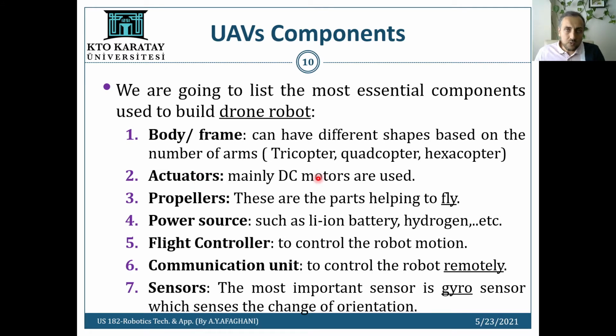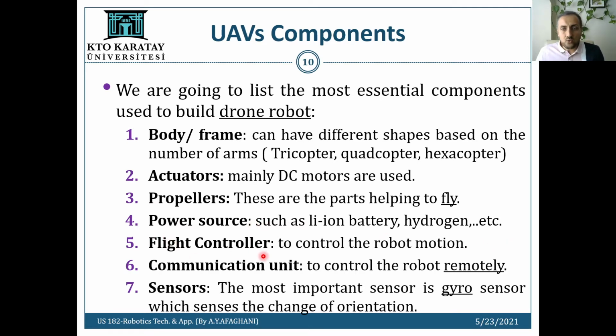Actuators: they mainly use DC motors. They don't use AC motors for sure because they are using a battery. Propeller, which is very important for flying, is a kind of fan. Power supply: usually a Li-ion battery or hydrogen and so on.